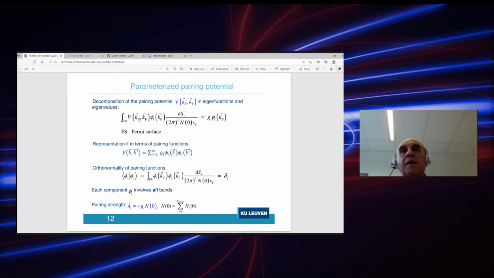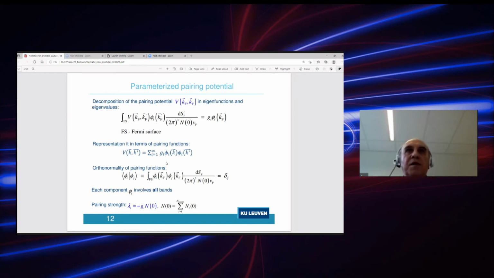But in our case, we have a more modest goal, and we want to only simulate this pairing potential. So we want to represent it. We know that in principle it is a Hermitian matrix with respect to kF and kF prime indices, and it can be diagonalized.